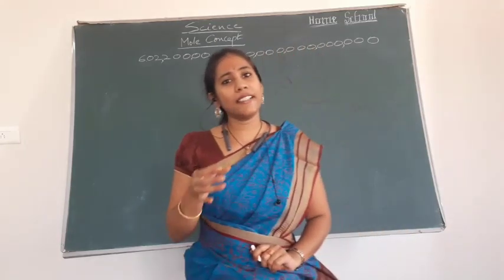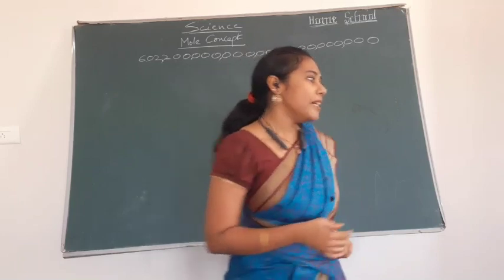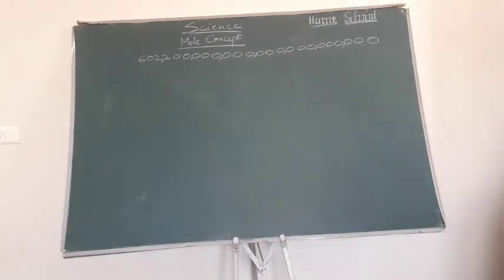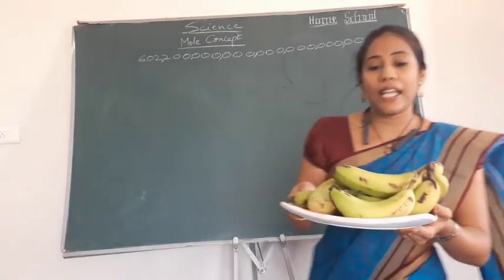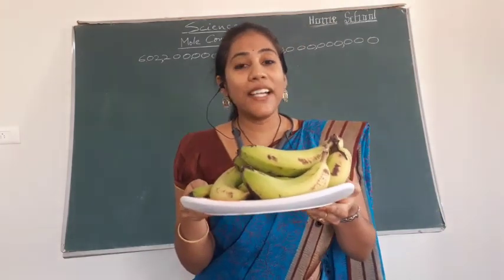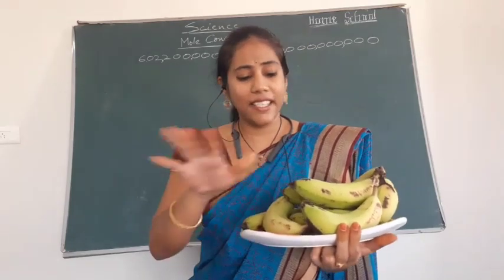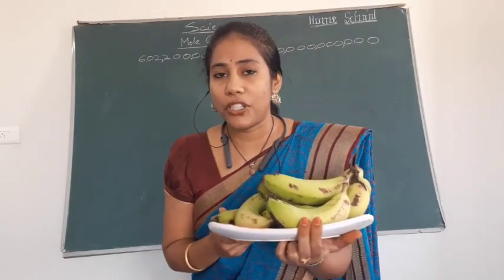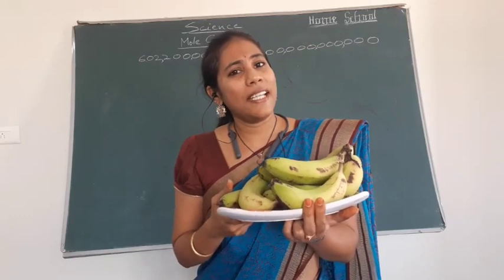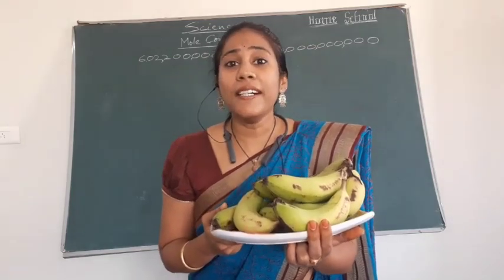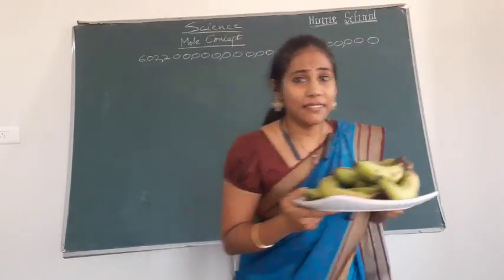Okay, let us connect with real life examples. See what I have got for you. See, I have a bunch of bananas on a plate, and if I tell you to count how many bananas are there, you can count it and say, I have taken 12 bananas actually. So instead of saying 12 bananas, I can use a term called dozen. Right?